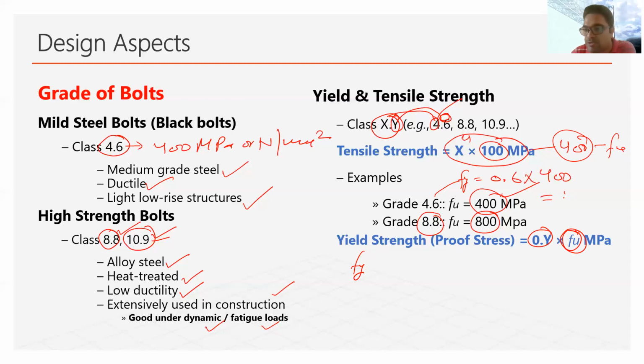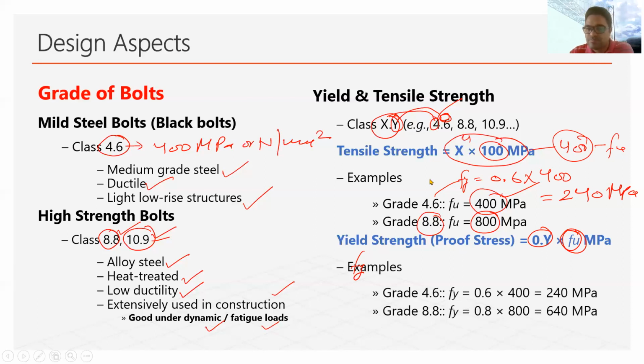So the value will be 240 MPa. Okay, so this is how we calculate the ultimate and yield strength of the bolt by interpreting these numbers. So there is the example. Grade 4.6 will have ultimate strength of 400 MPa and yield strength of 240 MPa. So these Fy and Fu will be used in the calculation of design strength of the bolt.